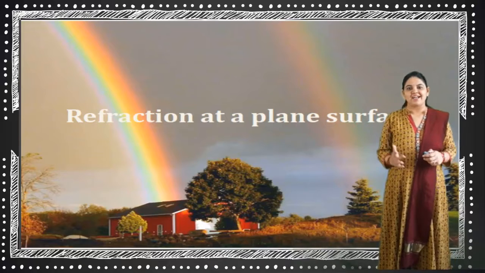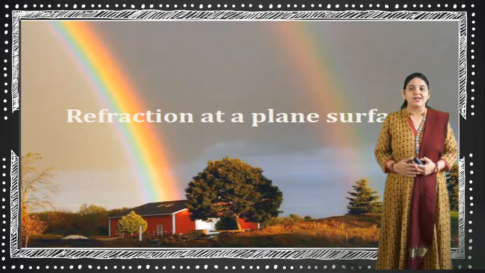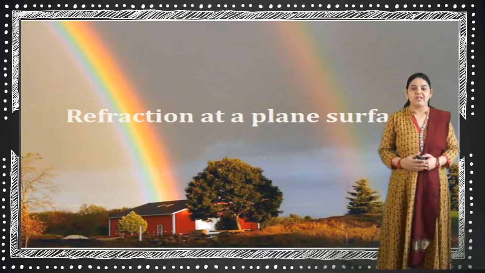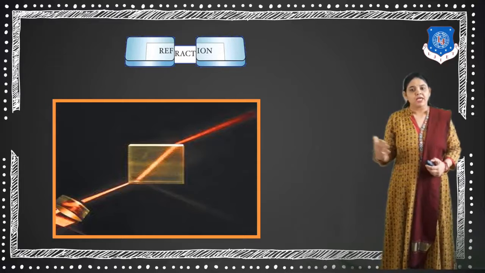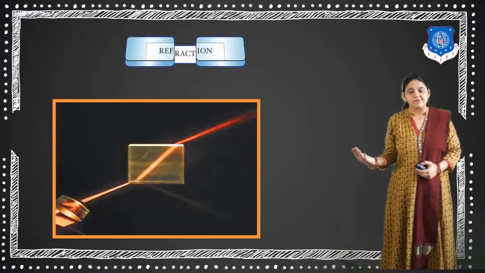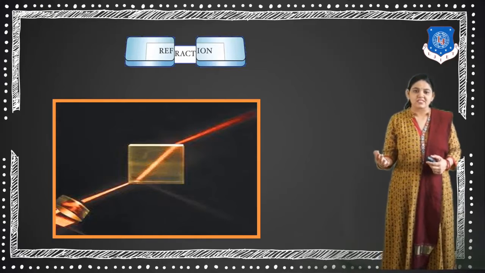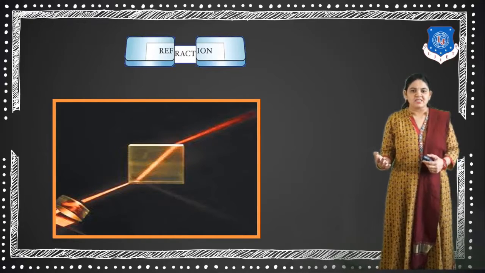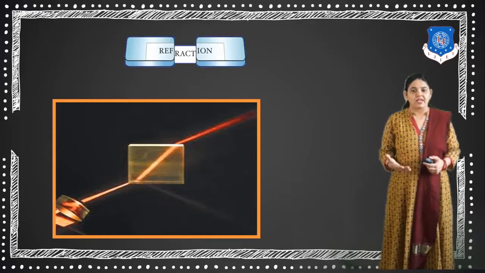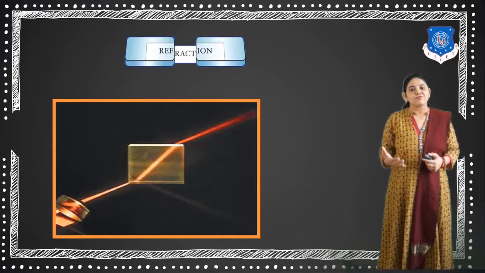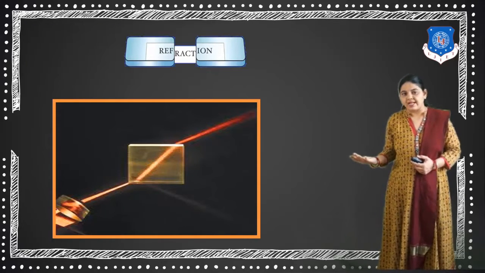Here you can see how refraction occurs naturally. So, refraction at a plane surface. Now what is refraction? Here in the diagram we have a light source. The light from the light source will pass, so we say it's an incident light or ray. Now it is passing from the air medium to the glass.